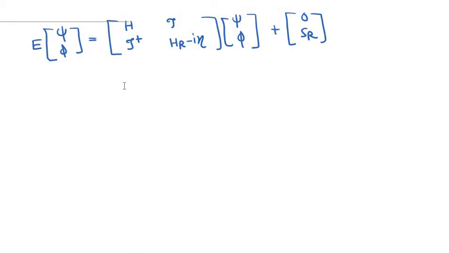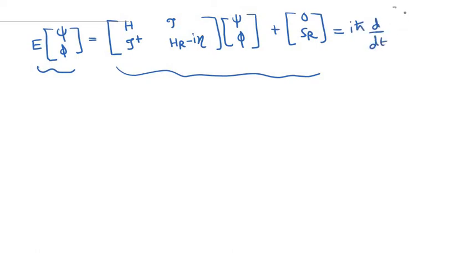Now, due to the time dependent Schrodinger's equation, this part and hence this entire part must also be equal to I h bar d dt of psi phi.